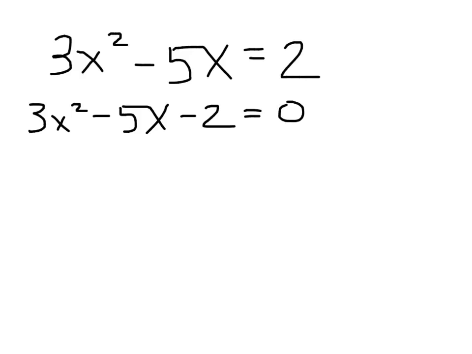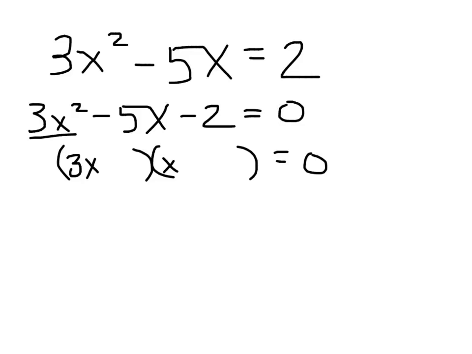Now what? Can I take anything out of all 3 terms? No. So I have to set up my 2 sets of parentheses. When you have a number in the front, don't forget that it helps. When you say what times what gives me -2 but adds up to be -5, that's not going to happen. But the 3 is going to be there as a helper, because when you have 3x squared, you should have a 3x and an x. Now what times what gives me 2?